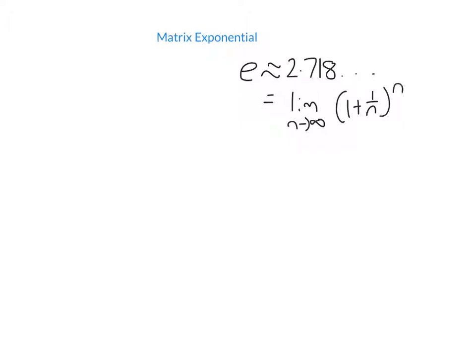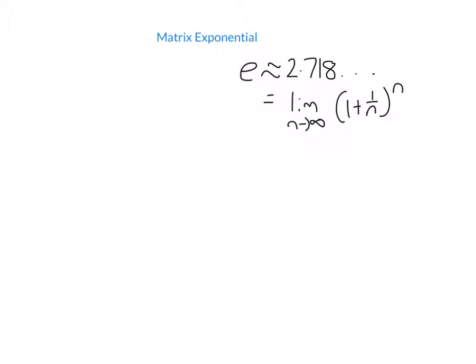We're interested in this number e again, such an important number in maths. It's approximately 2.71828 and so on, goes on forever. It's an irrational number. It can be defined as the limit as n approaches infinity of 1 plus 1 over n to the power of n.